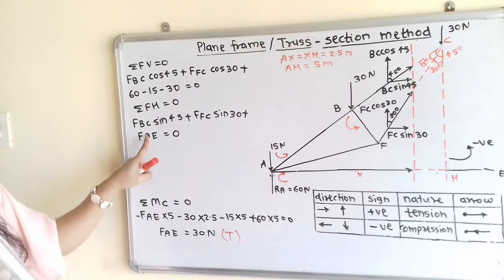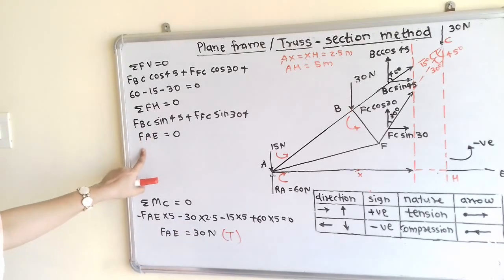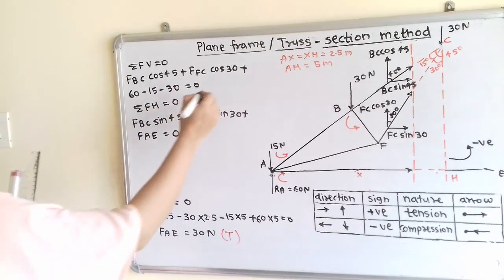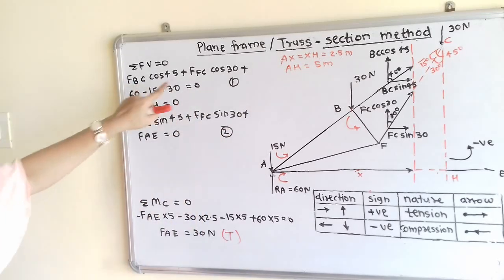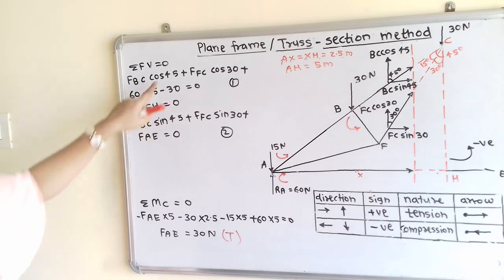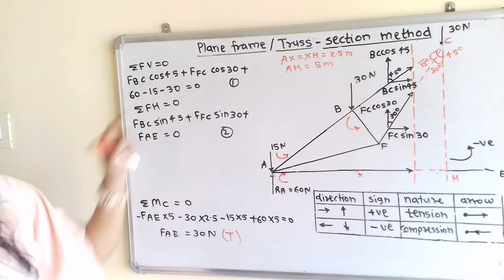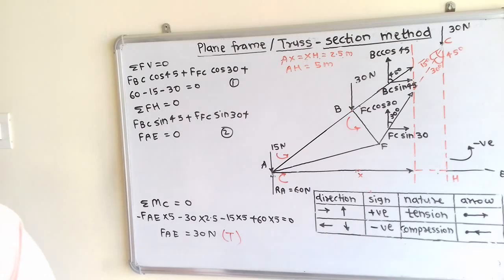Now FAE is equal to 30, so we can put here the value. So we will get two equations in terms of two unknowns, FBC as well as FFC. So we will simplify this and we can calculate the value of FBC as well as FFC.